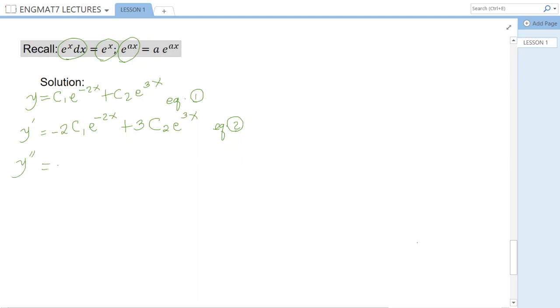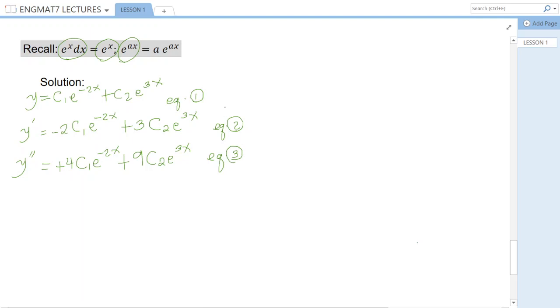That will become positive for all: 4c1 e raised to negative 2x plus 3 times 3, that is 9, c2 e raised to 3x. That will be our third equation.